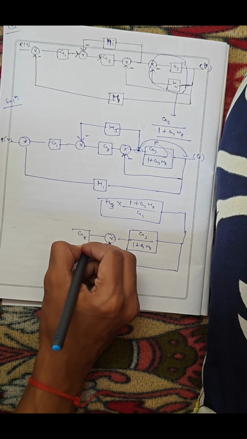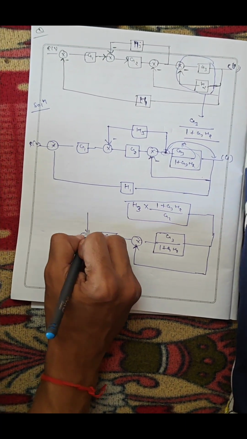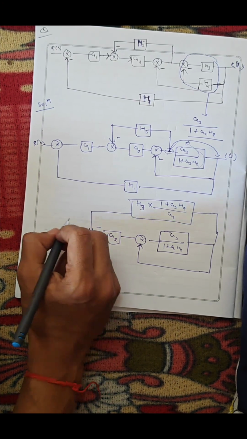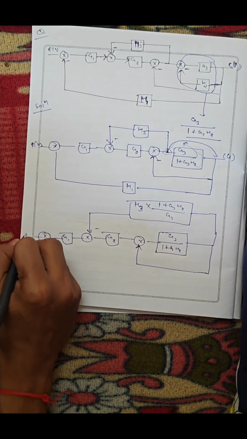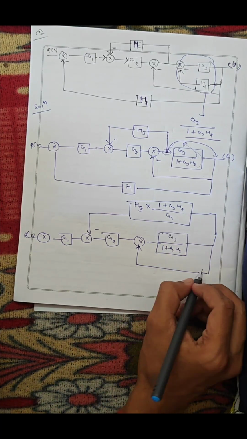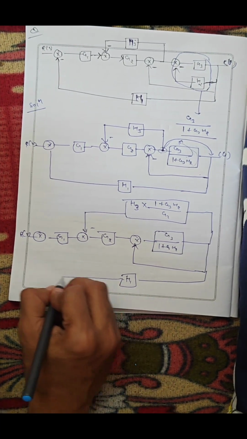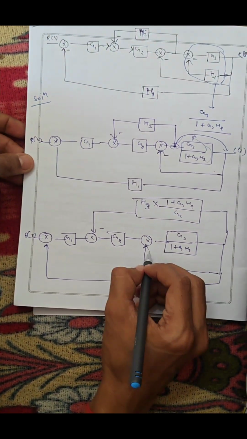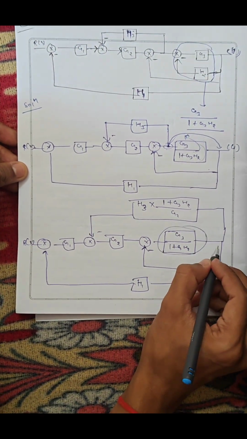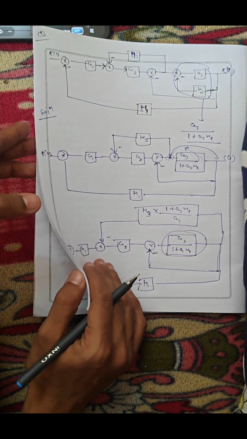G2 will remain as it is, and this cross and this summer will remain as they are, and that will be the minus. G1 will remain as it is, and this will be the summer and R of S, and H1 will remain as it is. Now we look at this block, which is in the negative feedback loop, so we will replace it.